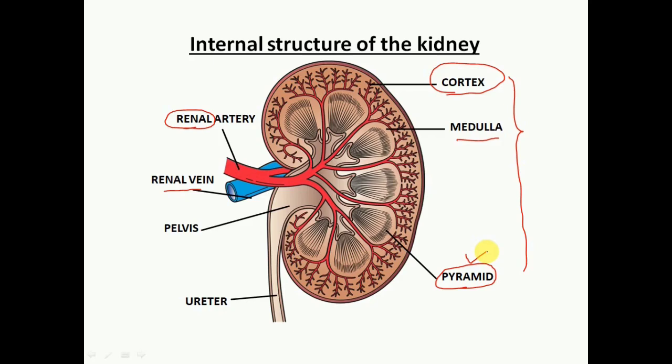This kidney tubule, we will learn about in the next video. This is the main structural and functional unit of kidney. As you can see, there are millions of kidney tubules present in the kidney. So after the urine formation, they pour it into the pelvis, which in turn flows through the ureter and enters into the urinary bladder.